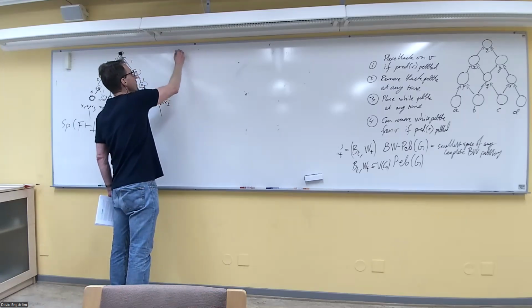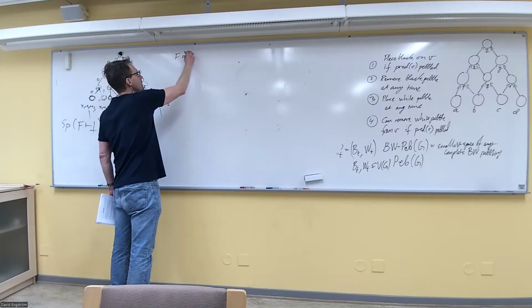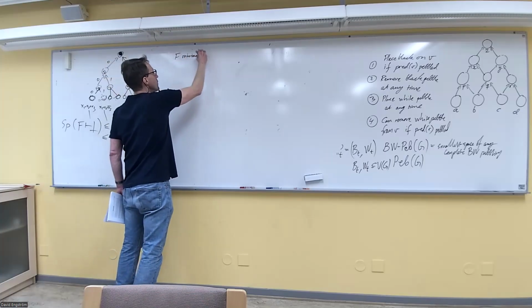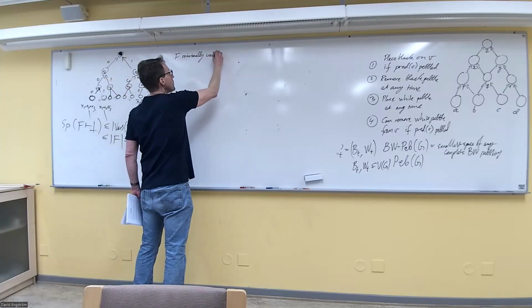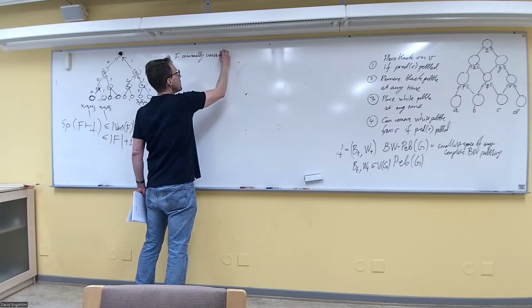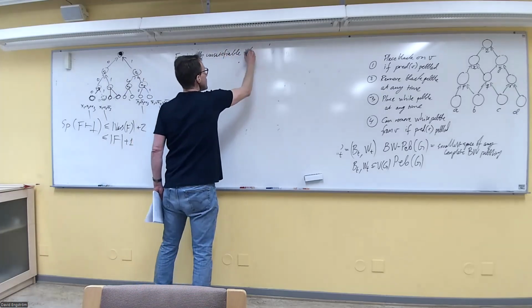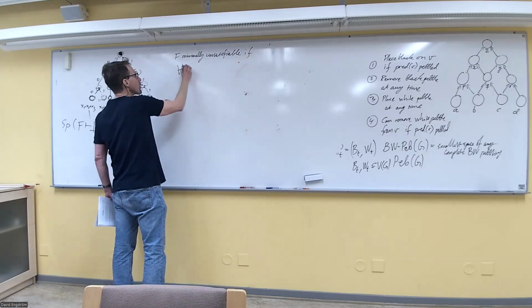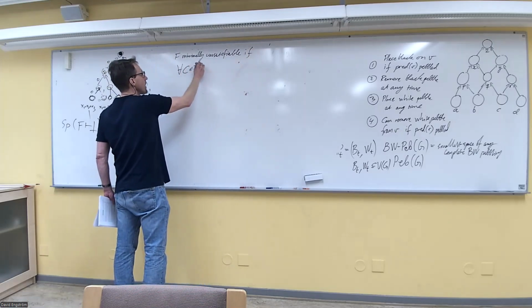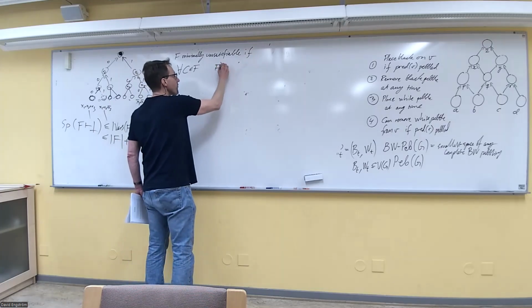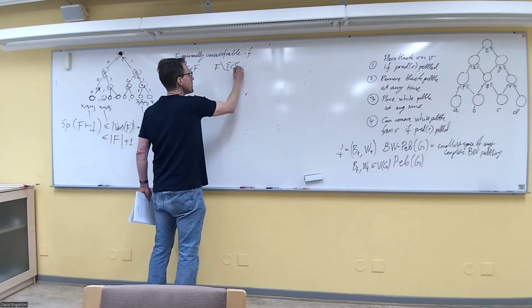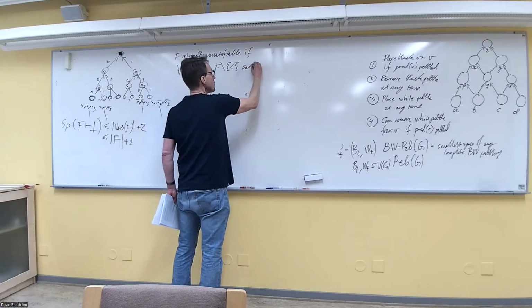So say that f is minimally unsatisfiable if for all clauses C in f, if you take f and you remove C, you get something satisfiable.